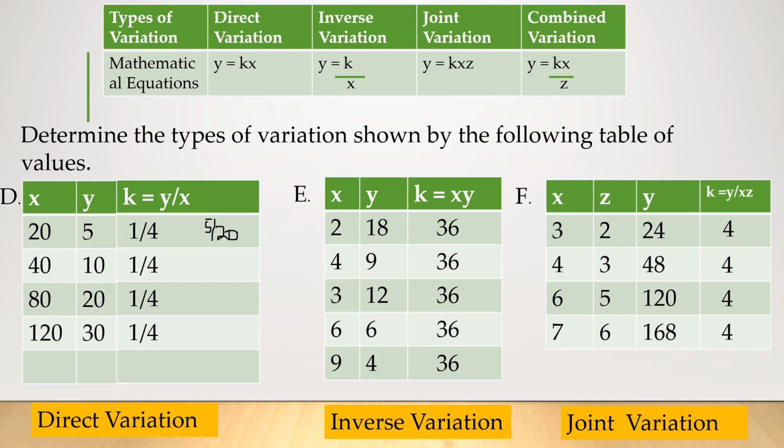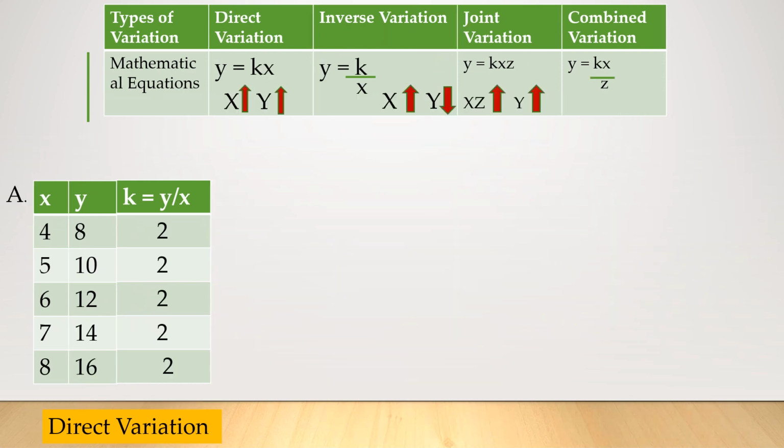So now what are we going to do next? We're going to write the equation, the variation statement and mathematical equation, of the tables that are variations. So here, letter A is direct variation.